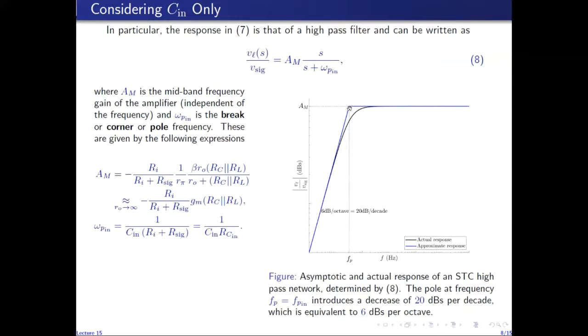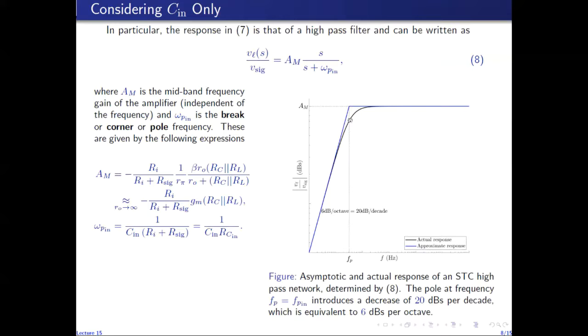This asymptotic response helps in a rough, quick analysis of the low frequency behavior of the circuit. You cannot draw this black curve by hand because you need a lot of points to accurately plot this expression versus frequency. So usually this is done by a simulator.